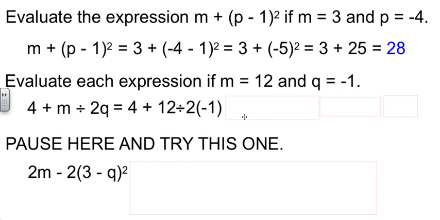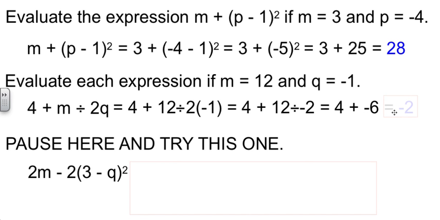There are no grouping symbols to deal with. No exponents, so we'll deal with the multiplication and the division. 2q was one expression, so we needed to clean that up to negative 2. 12 divided by negative 2 is negative 6, and then 4 plus negative 6 is negative 2.